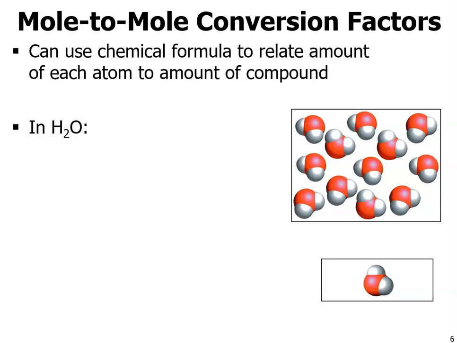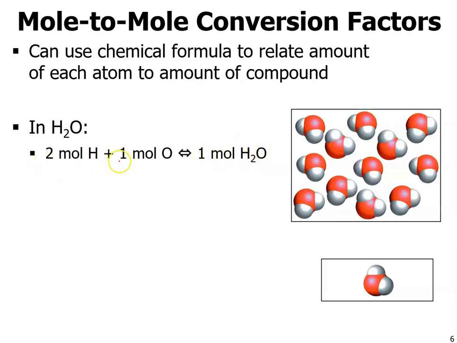In the molecule of water, there are 2 hydrogens and 1 oxygen. We can also say, if we're looking at a chemical reaction, that we have 2 moles of hydrogen, and for every 2 moles of hydrogen, that would have to react with 1 mole of oxygen to create 1 mole of water.